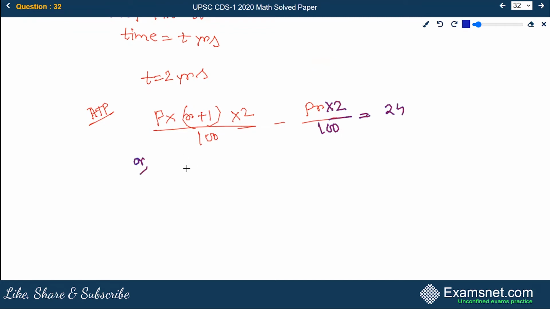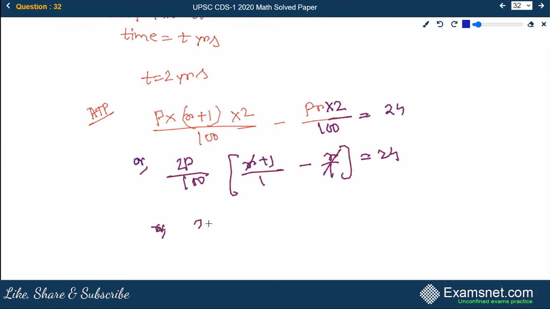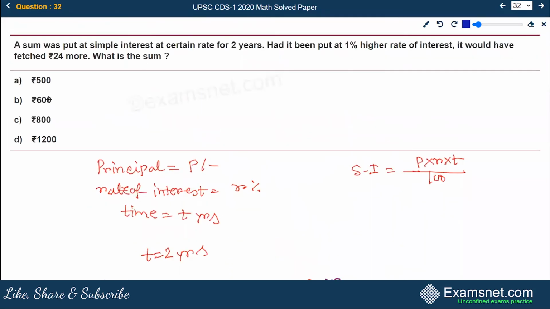Now taking 2P by 100 common, it becomes (R plus 1) minus R. So both R get cancelled and we only get 1. 2P by 100 equals 24. Now P will give us the value 1200. So here the principal is rupees 1200. Option D is the correct answer.